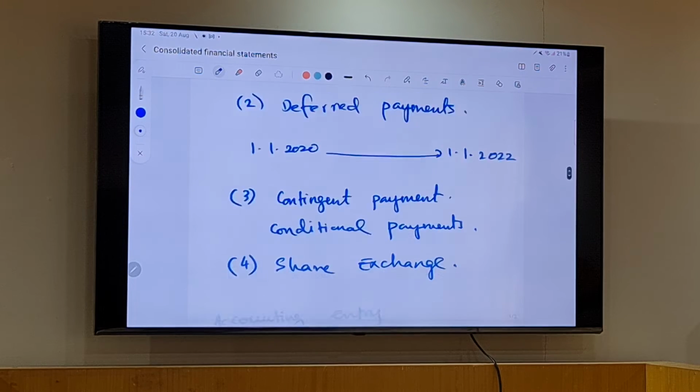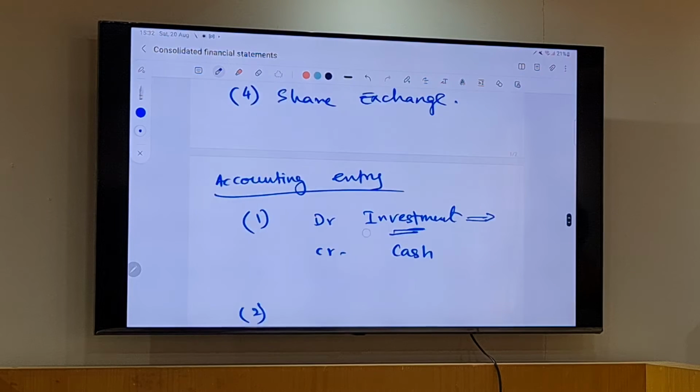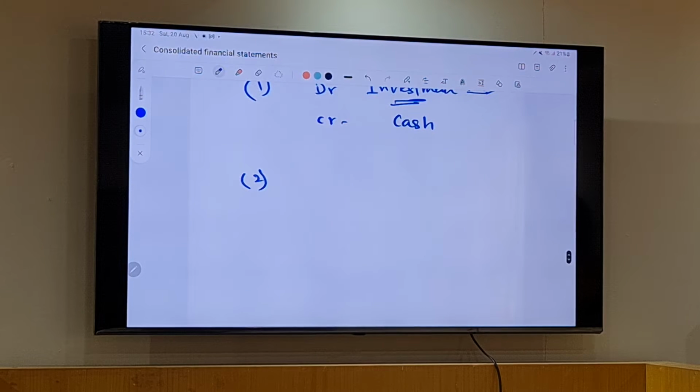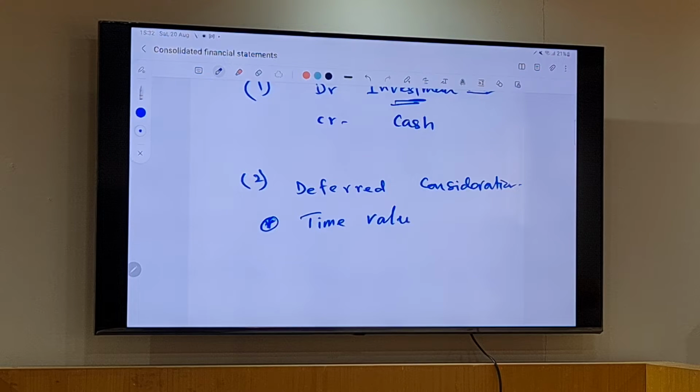Second one, deferred. Now, with deferred consideration, a small complication comes in: the time value of money. This concept is coming in.